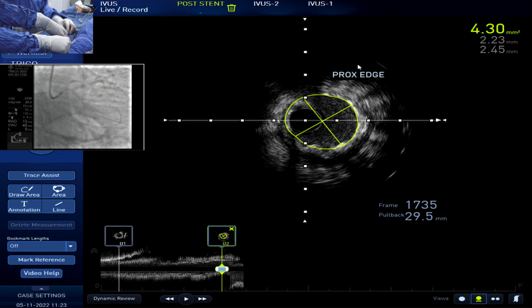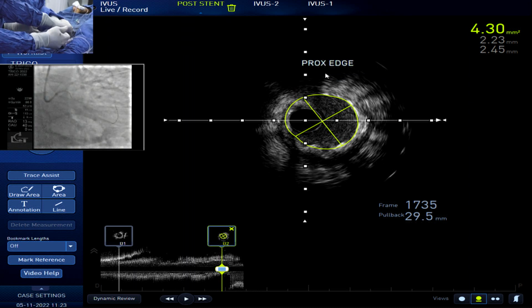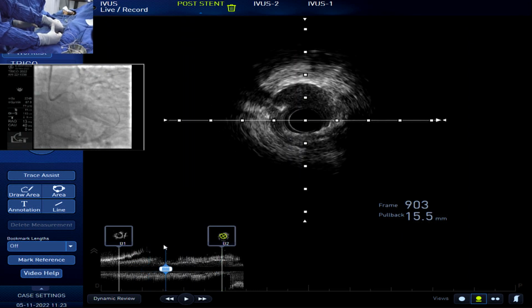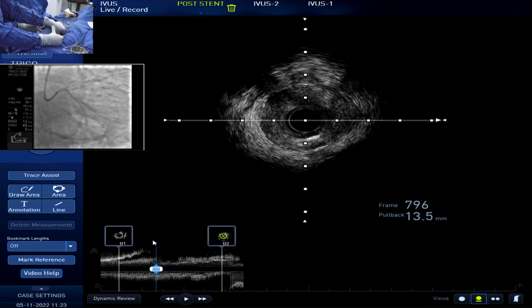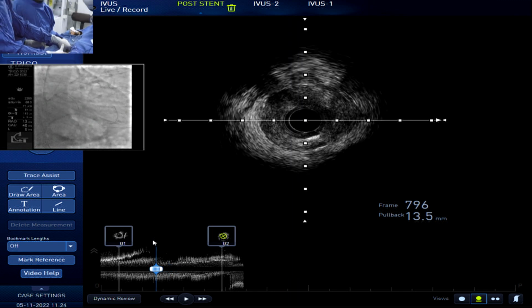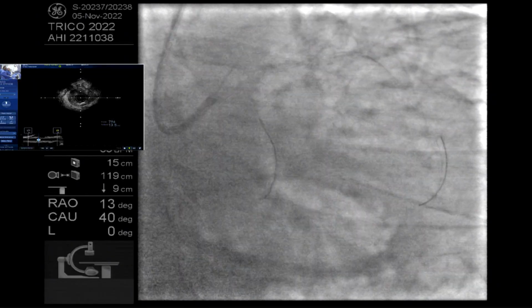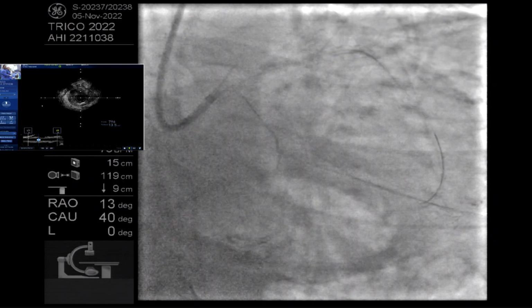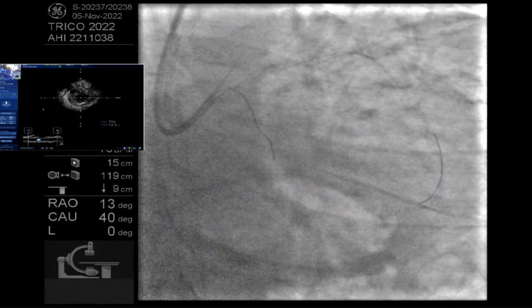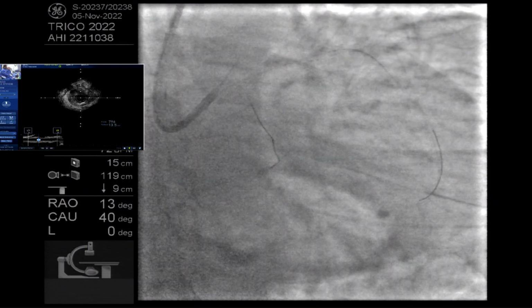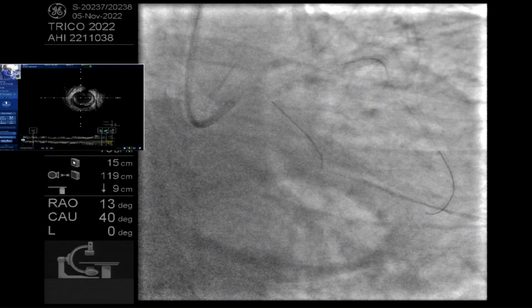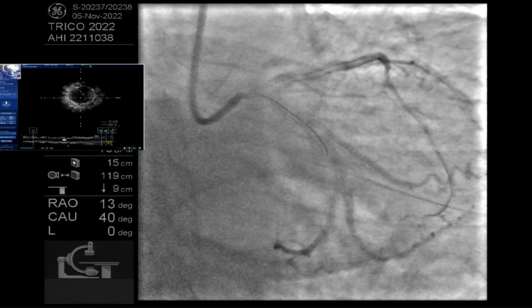Getting easier. This wire is... I want to check by IVUS. No, it's difficult. Is that a Scion? Yes, I think so.